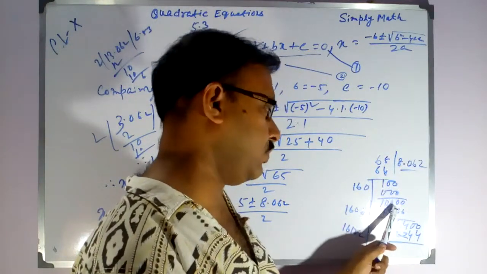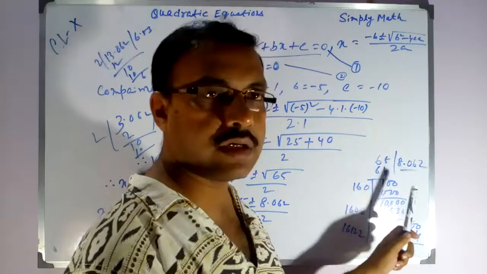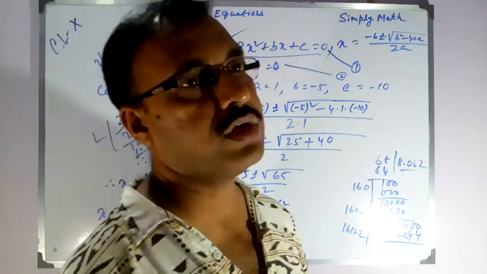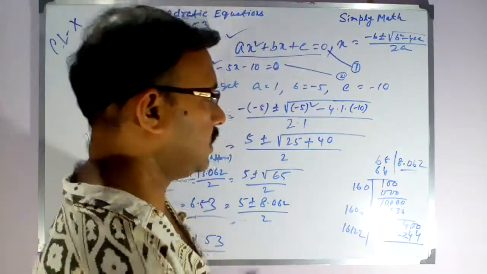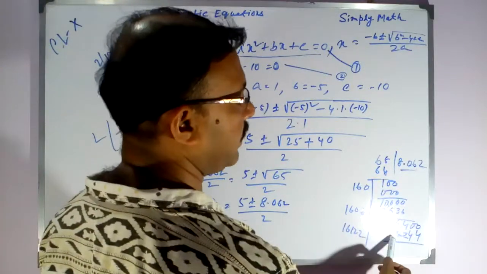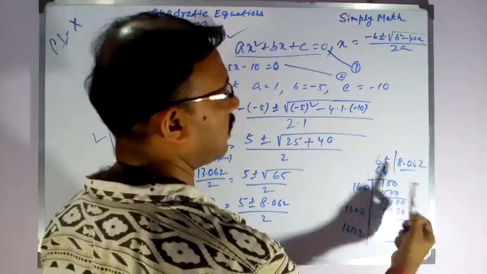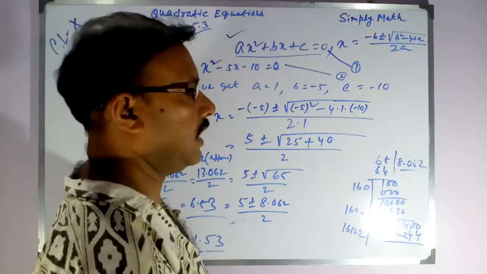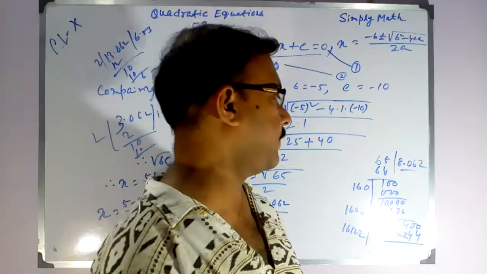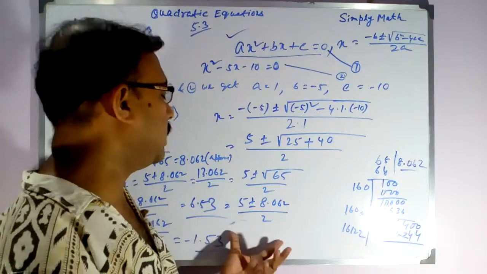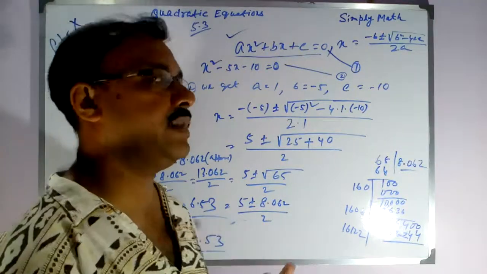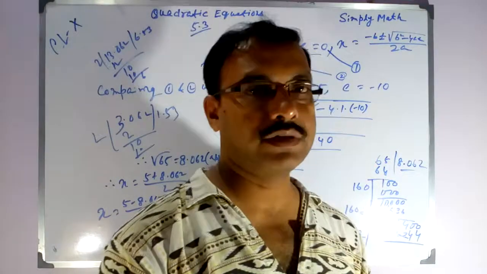Then 100 remainder, we will again get double zero for the point, and this way the process goes on. Just double it and put the figure, multiply it again, if there is a remainder, double it and again put the figure and multiply it, and in this way you will get the value of the root of any figure. Then you put this value to two decimal places with plus minus, and you will get the result.